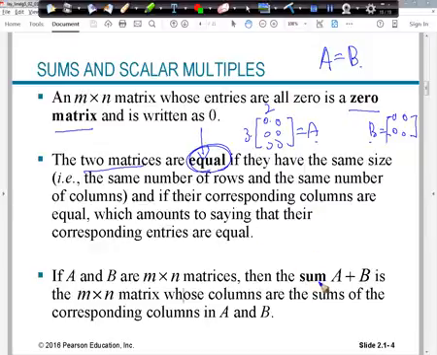And similarly, we can define the sum of two matrices. The sum is simply adding the corresponding entries up. Also in this case, the two matrices A and B should have the same size. That's how we can define the summation of these two matrices.